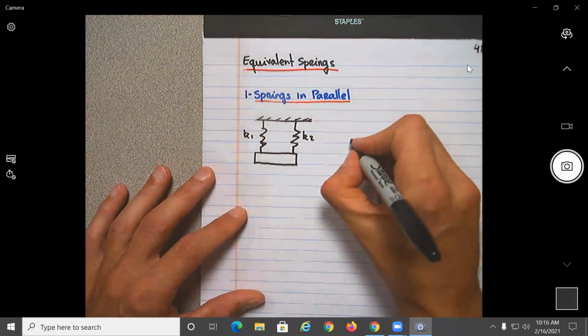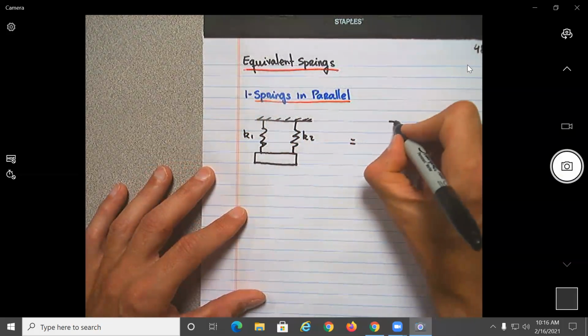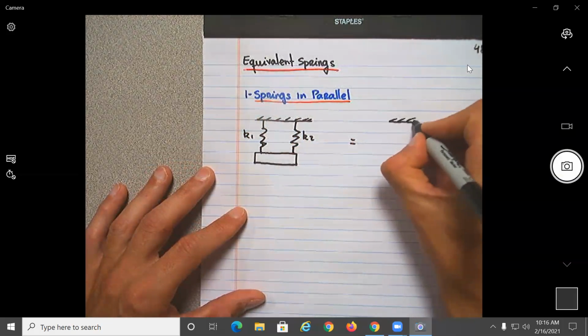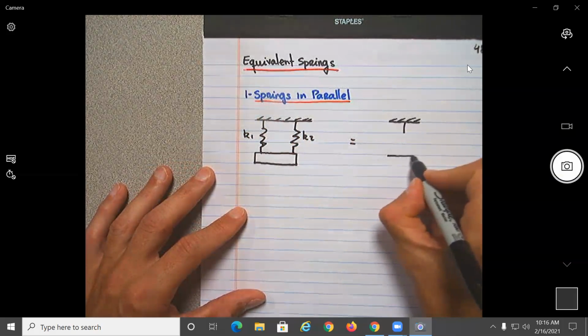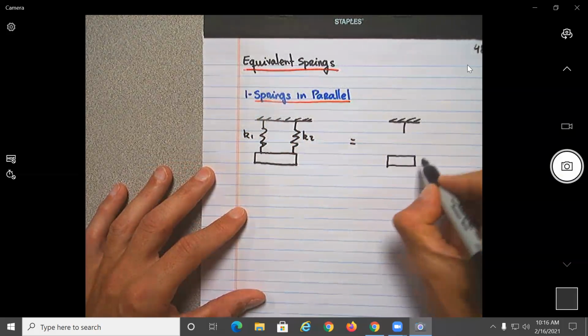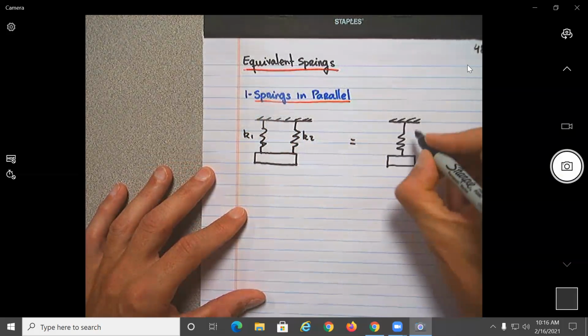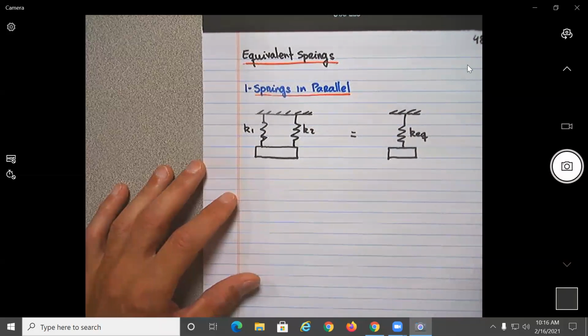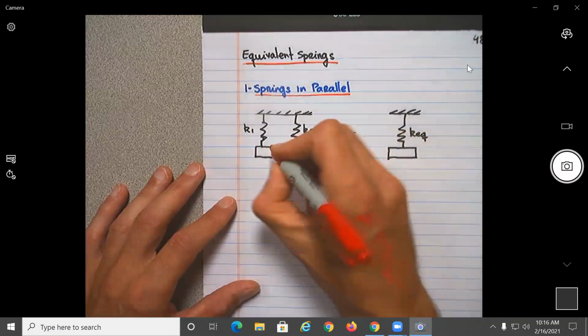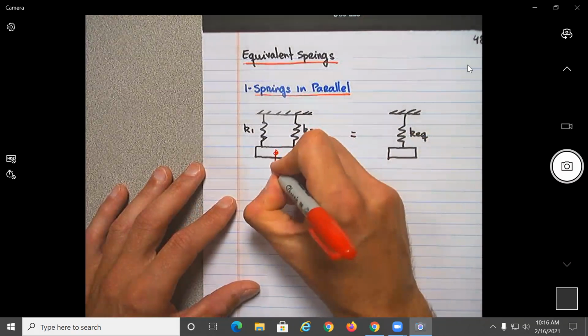What I'm trying to do is simplify this into one spring that will be the equivalent spring. So here let's say we have a force.